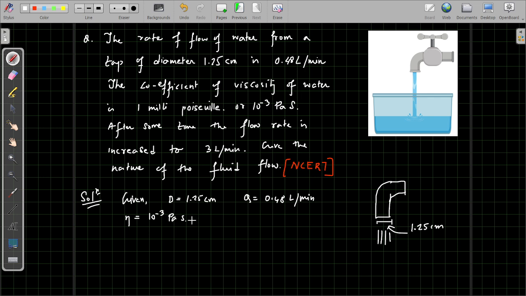So with this we need to find the nature of the flow of the liquid, so we need to know the value of the Reynolds number. The formula for Reynolds number is R equals rho V d by eta. So we know rho, D has been provided, eta has been provided. What about V? V is not provided. So how can we determine V?